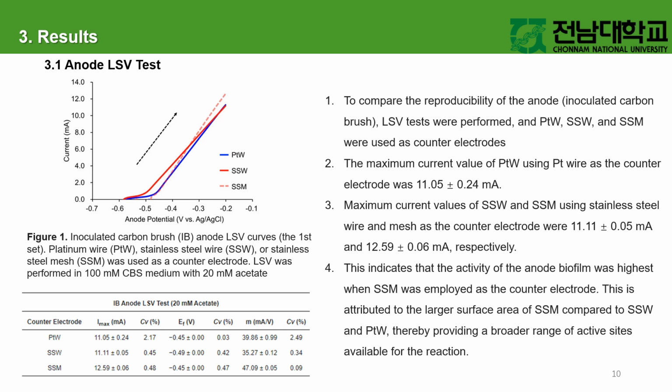This indicates that the activity of the anode biofilm was highest when SSM was employed as the counter-electrode. This is attributed to the larger surface area of SSM compared to SSW and point W, thereby providing a broader range of active sites available for the reaction.